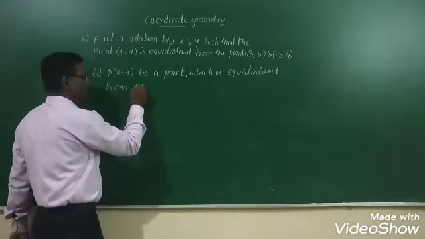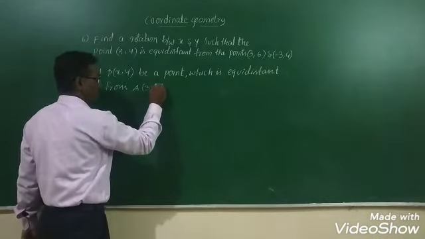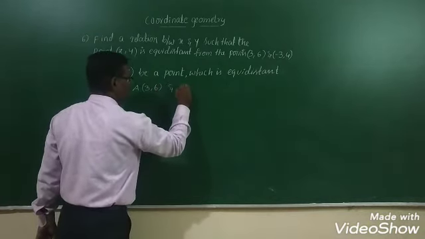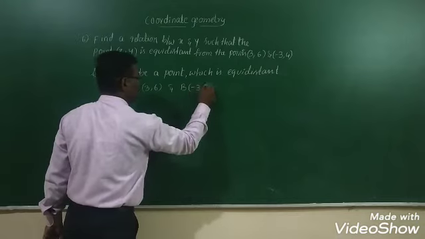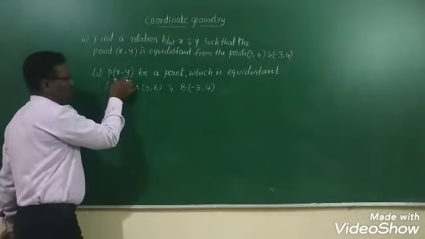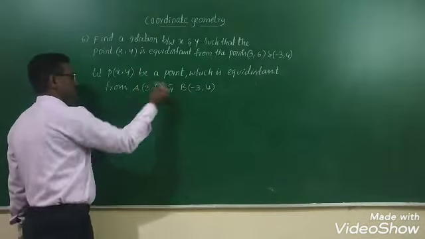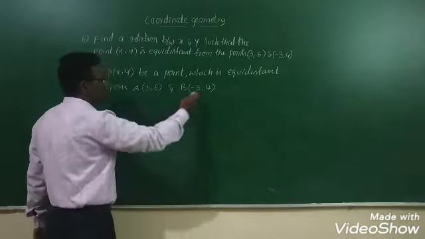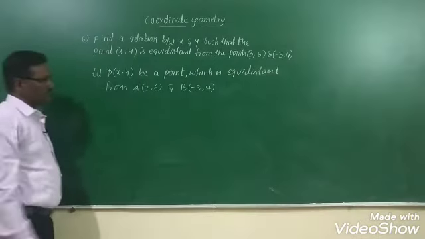So we have to name them A 3 comma 6 and B minus 3 comma 4. So this is the point which is equidistant from these 2 points, meaning P to A distance and P to B distance both are equal. That is the meaning of that.